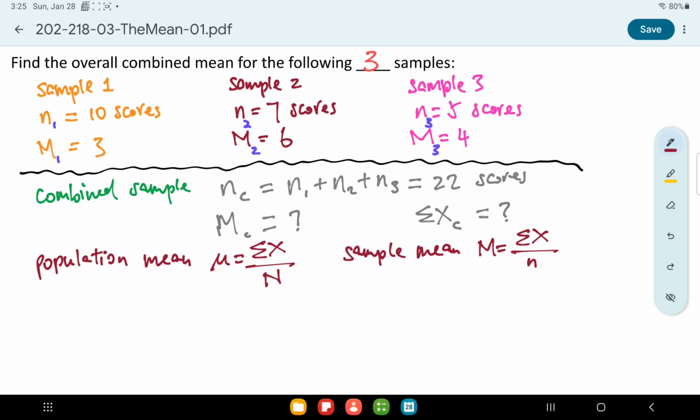And with the population size, we use the capital letter N, whereas for sample size, we use the small letter n. In this situation, it is most appropriate to use not the formula for the population, but the formula of the sample mean. Why? Well, take a look at the question. Find the overall combined mean for the following 3 samples, not population.